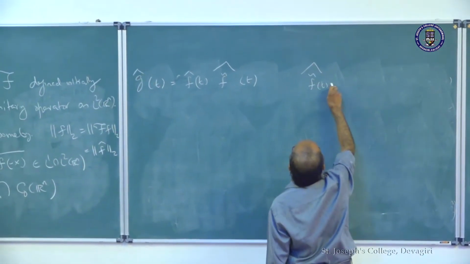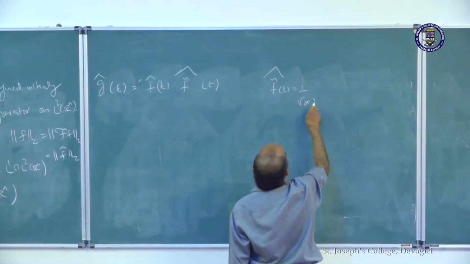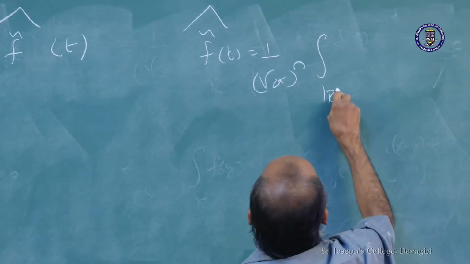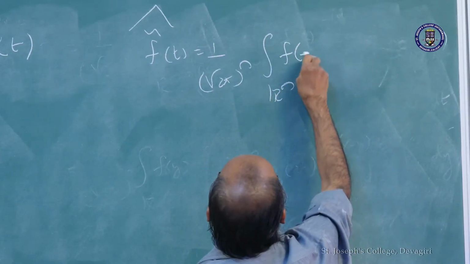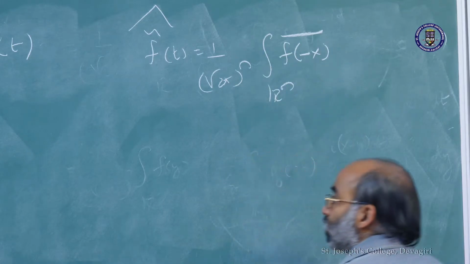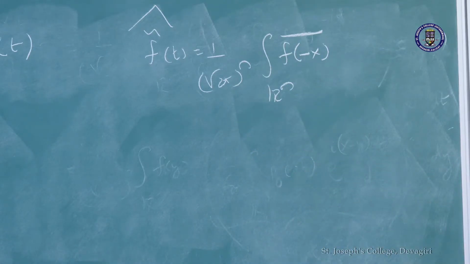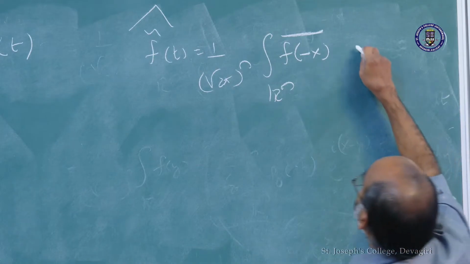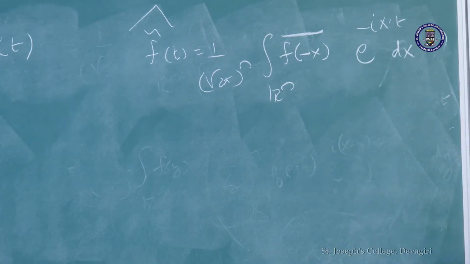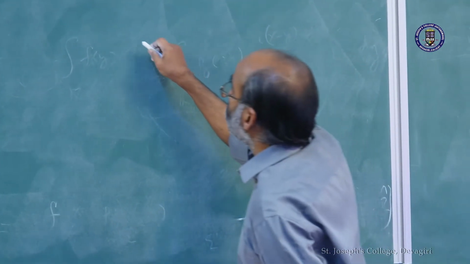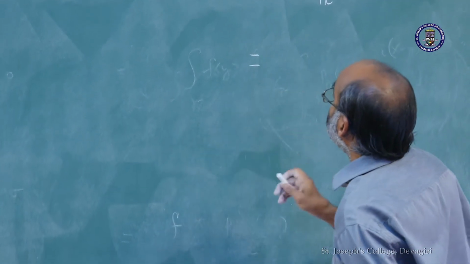f tilde hat t by definition is 1 by root 2 pi to the n integral over Rn f tilde x, where f tilde x is f of minus x whole bar, times e to the minus i x dot t dx. This is the definition of the Fourier transform. I want to write this in terms of the Fourier transform of f.